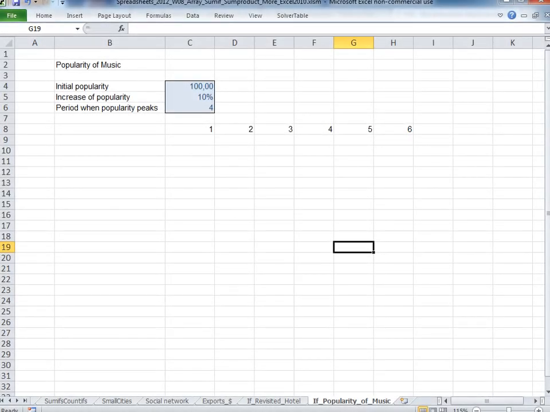In our next exercise we're looking at a more difficult calculation in Excel. Namely, we have some kind of a music record that's been put out.